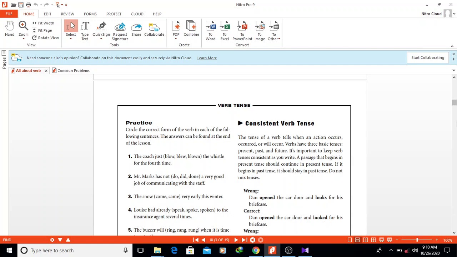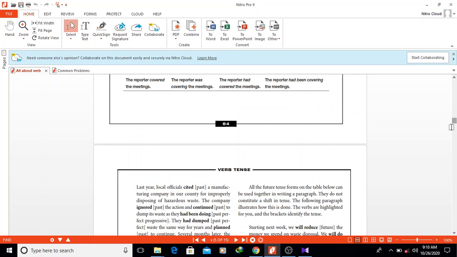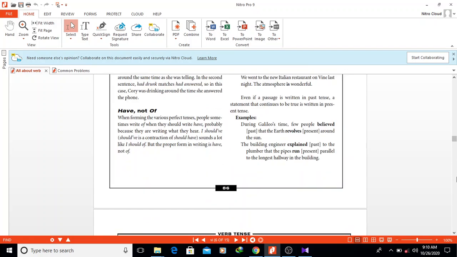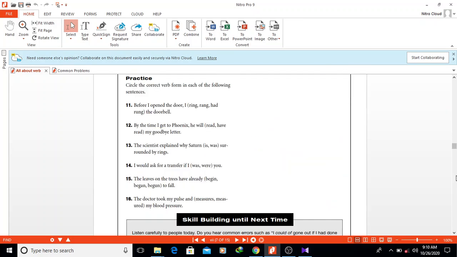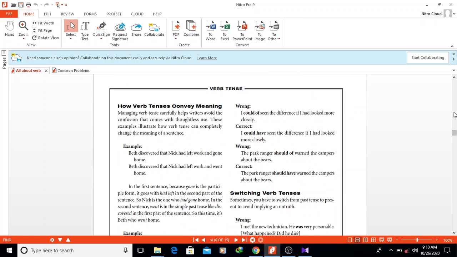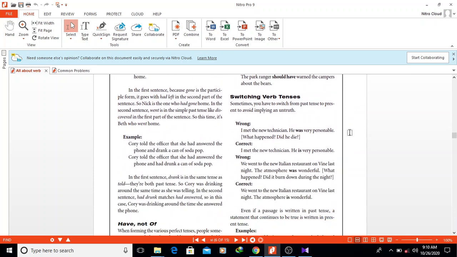But in this point, you actually can switch the tense. You can use different tenses in the same sentence if the clause tells about a fact or truth.